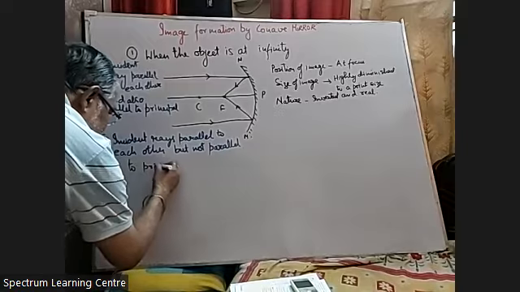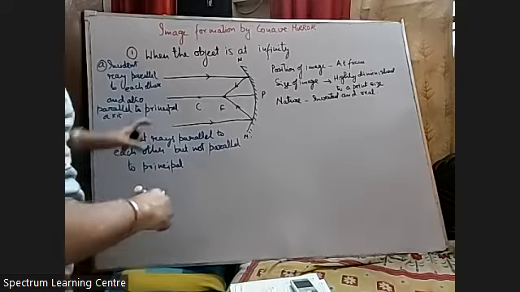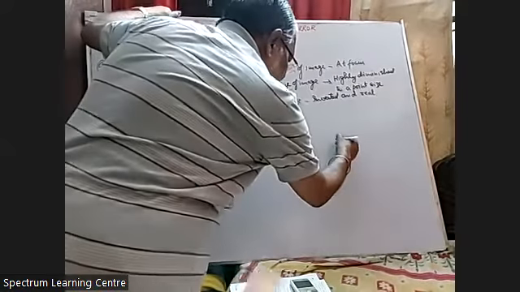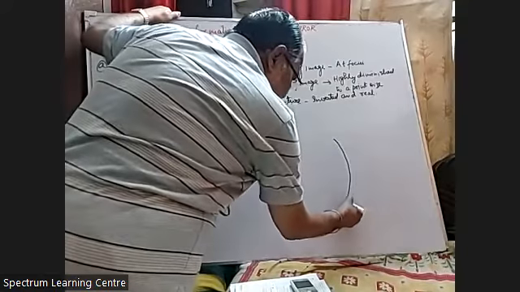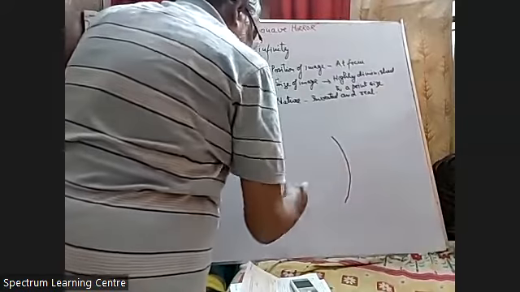In that case, if you draw the ray diagrams with the help of compass and everything, you don't need to bother about these things, right?